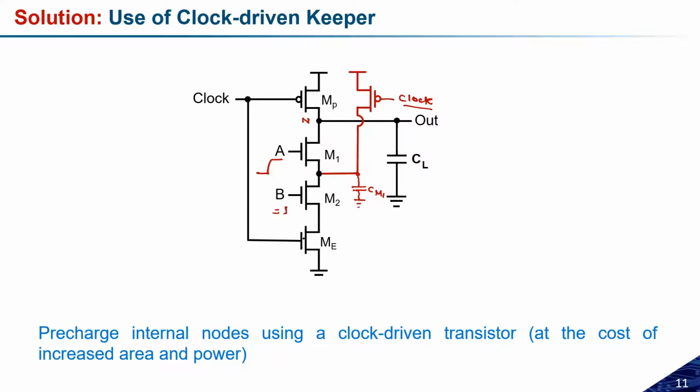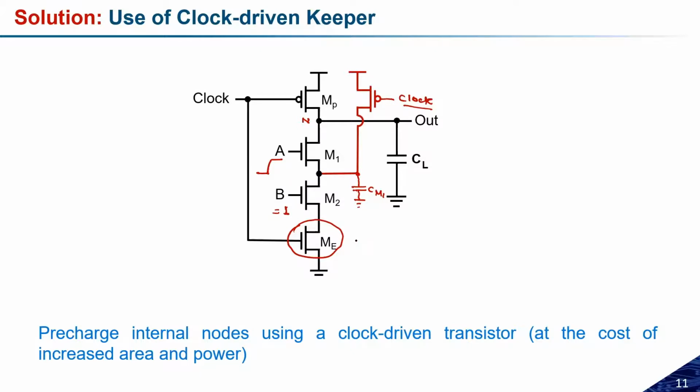Okay, and let us assume I have removed this evaluation transistor, meaning I am considering a footless kind of dynamic circuit. Okay, so in that case, because this is 1 and I need to precharge this node. But now let us see, during precharge phase the input can be anything. It's not necessary the input will always be in the off state, or the transistor will be in the off state.